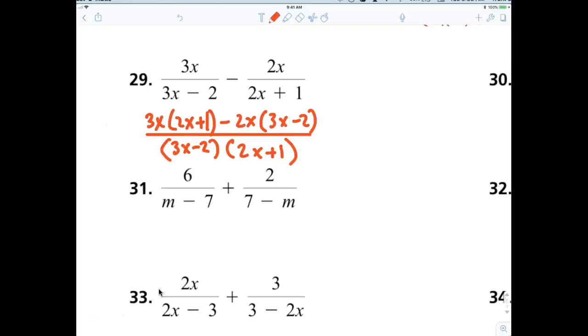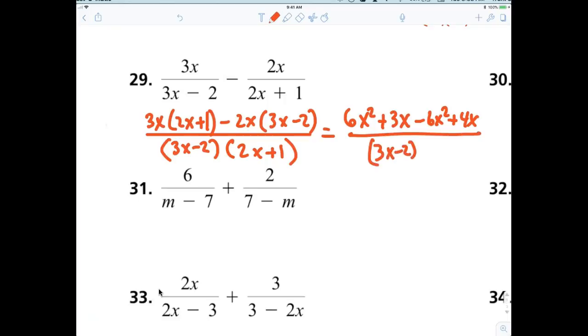That's not bad. And now, distribute. Did everybody see that? Now be careful. I think it's a positive 4x though. I think you didn't distribute the negative properly. Like I said, that's the number one mistake: people don't distribute the negative properly.